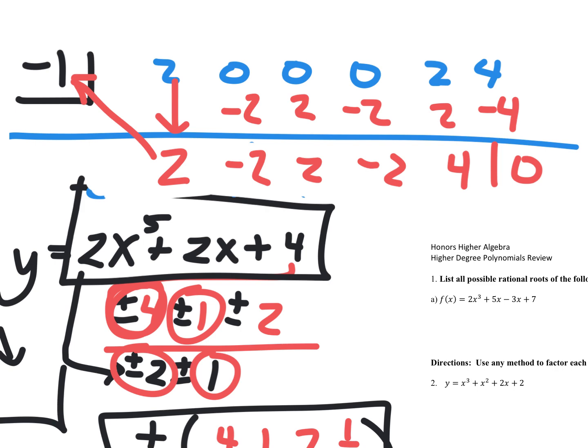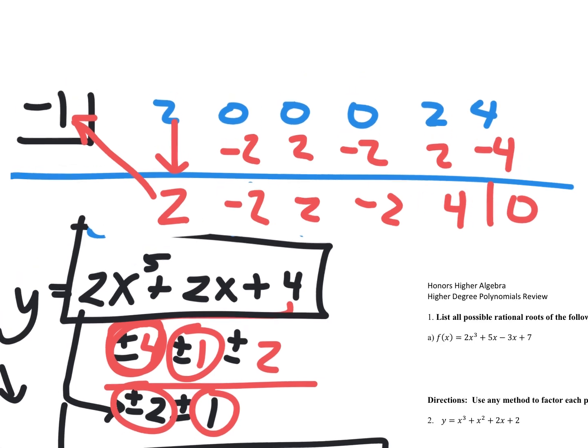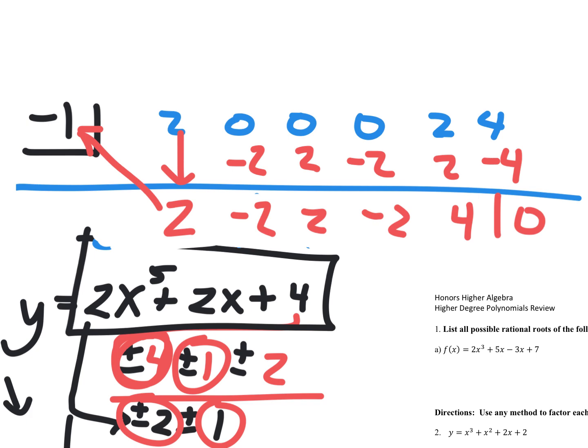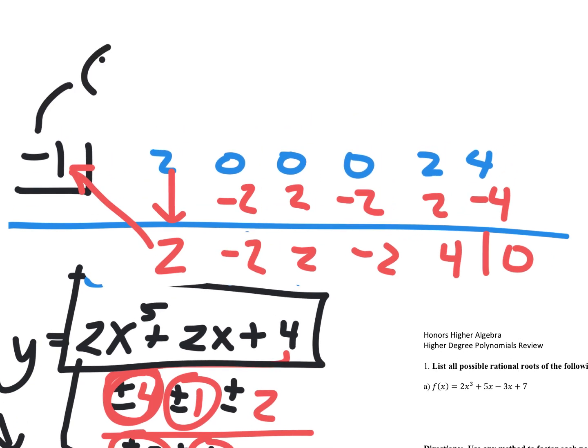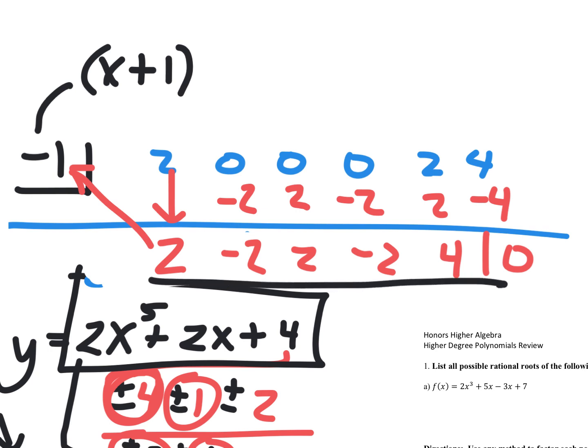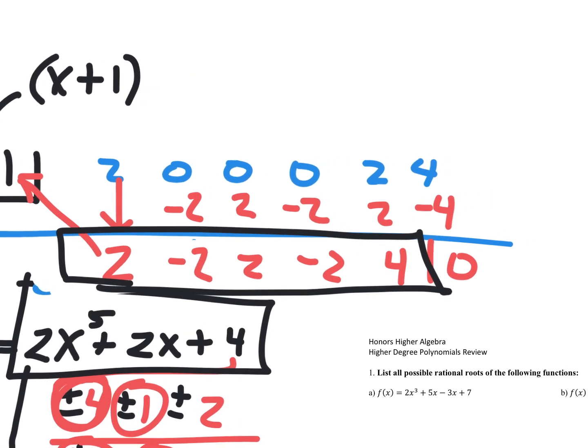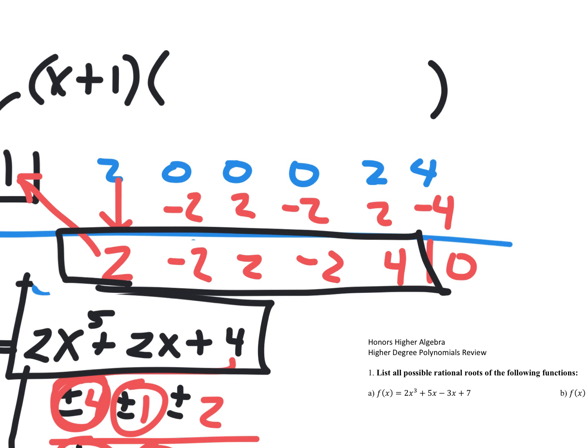Okay, so now, what does it mean? So it means that -1 was a 0. But what is the factored form of your answer? Like, that gives you x plus 1. What on earth do all of these numbers mean? I like to start at the end, because 4 is just 4.